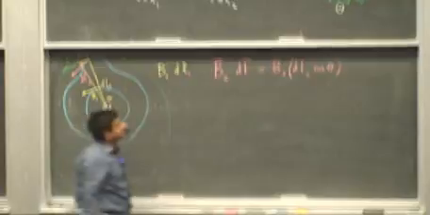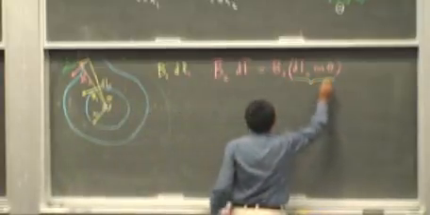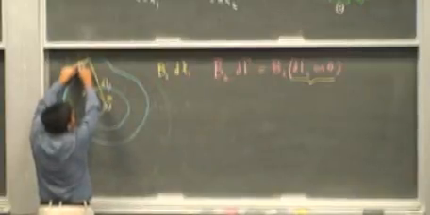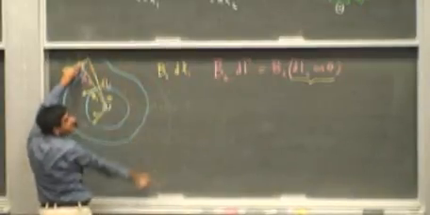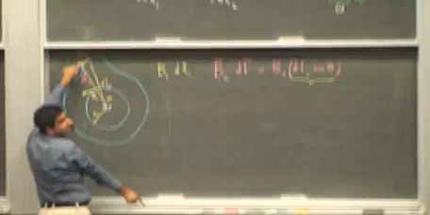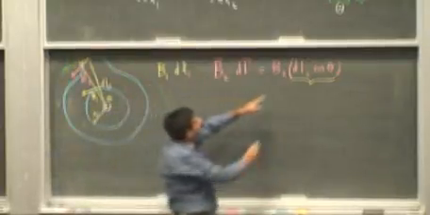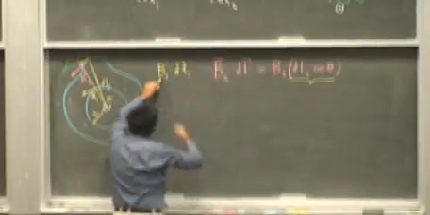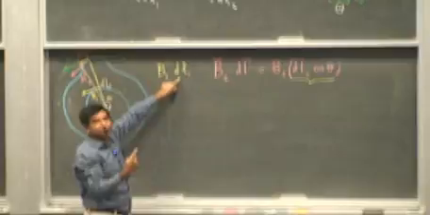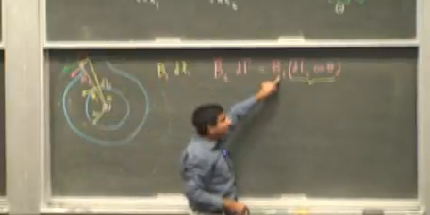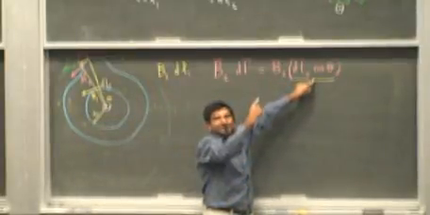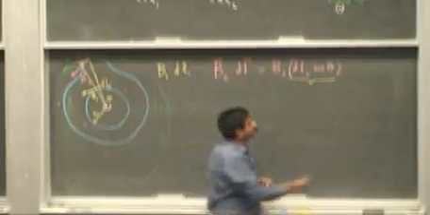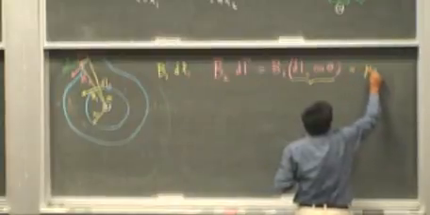So this is the arc length on the outer circle, this green hypothetical circle that I've drawn, and this is the arc length on the inner circle. B1 is proportional to 1 over r, this is proportional to r, this is proportional to 1 over r, this is proportional to r. So each of these will give you a constant, and they will be equal, which is going to be equal to mu naught I.